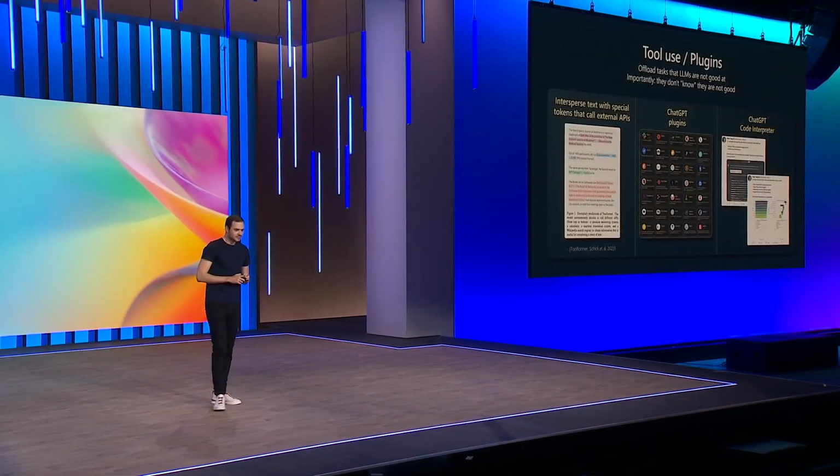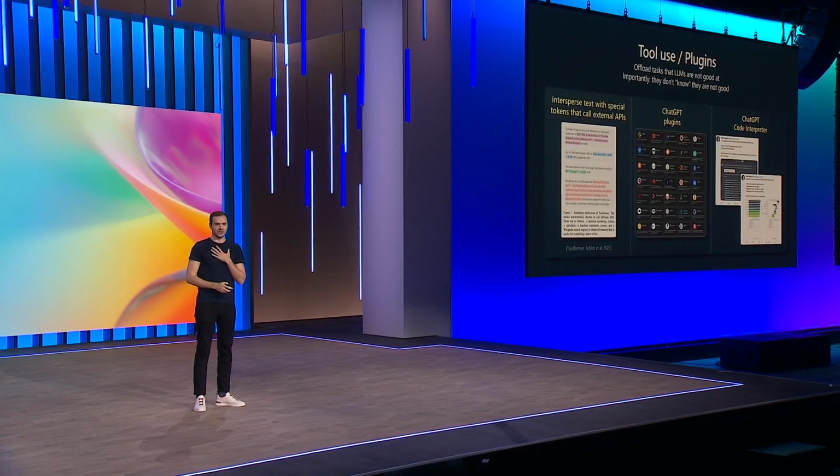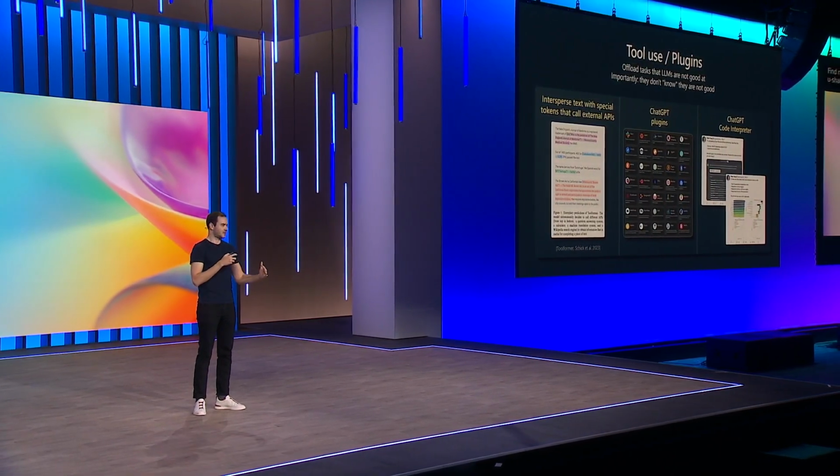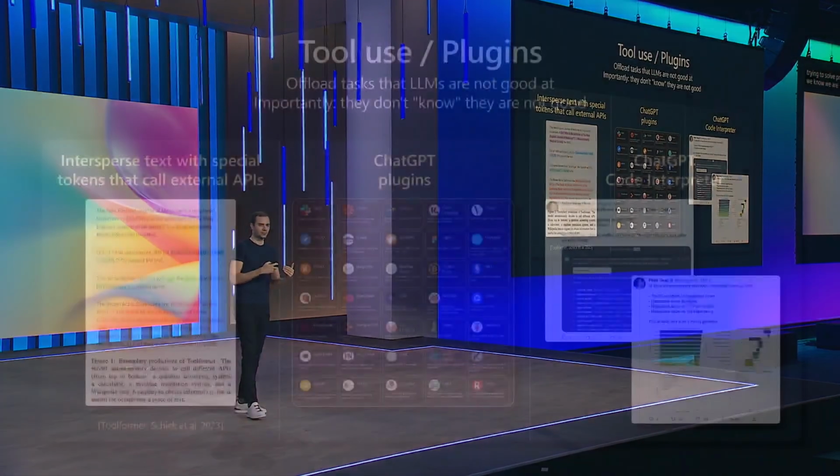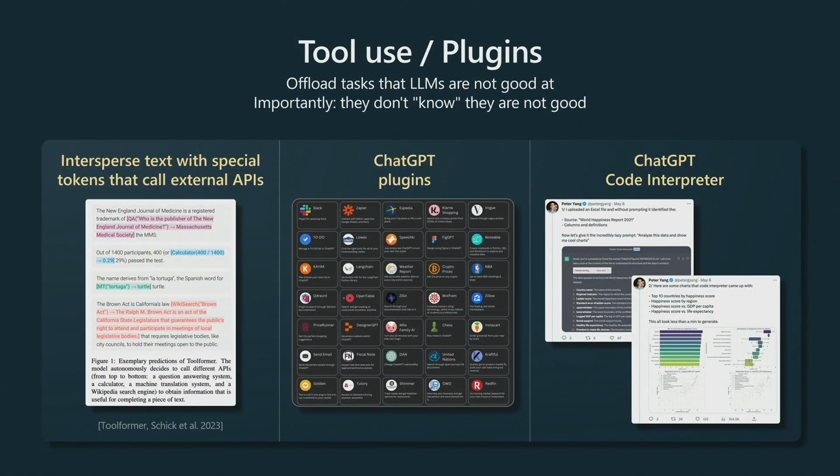Next up, as we saw, when we are trying to solve problems, we know what we are good at and what we're not good at, and we lean on tools computationally. You want to do the same potentially with your LLMs. So in particular, we may want to give them calculators, code interpreters, and so on, the ability to do search. And there's a lot of techniques for doing that.